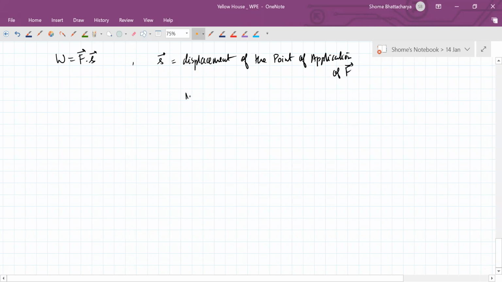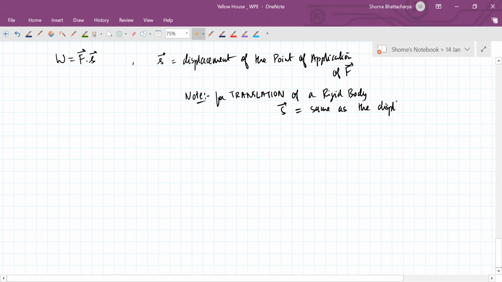Of course, we understand that in the case of translation of a rigid body, this S also is the same thing as the displacement of the body itself, or center of mass of the body.